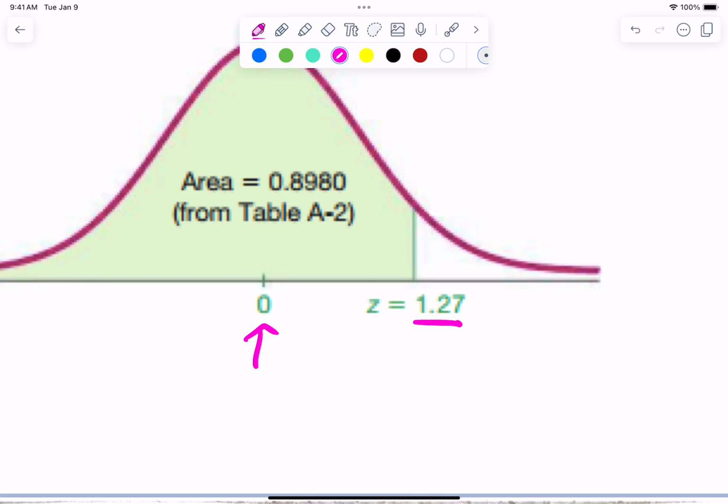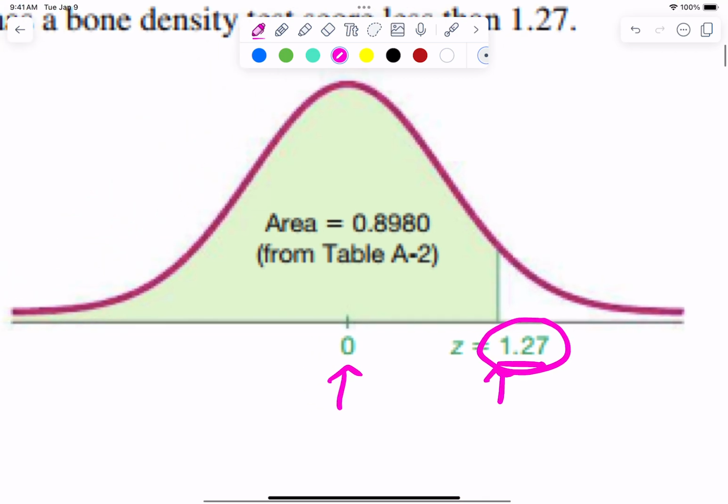So whatever the average was, this person had a bone density that was 1.27 standard deviations above the average. That's what her z-score represents. She is 1 plus above average. I want to know what percent of people have a bone density that is less than hers. So what percent of people are lower than her?